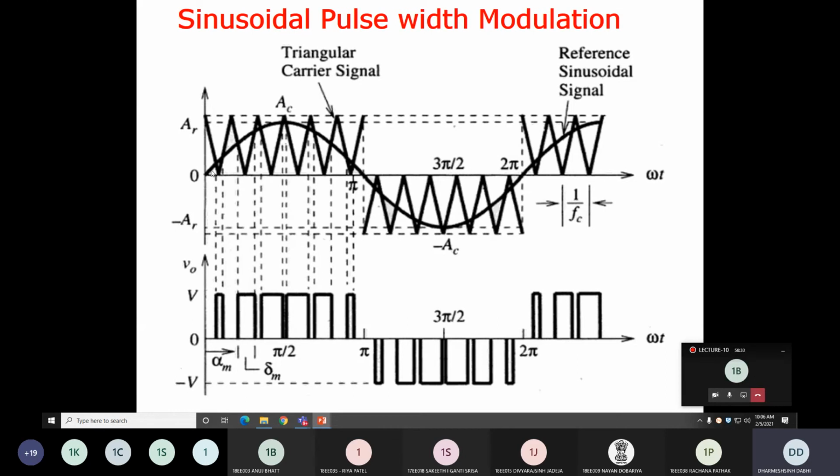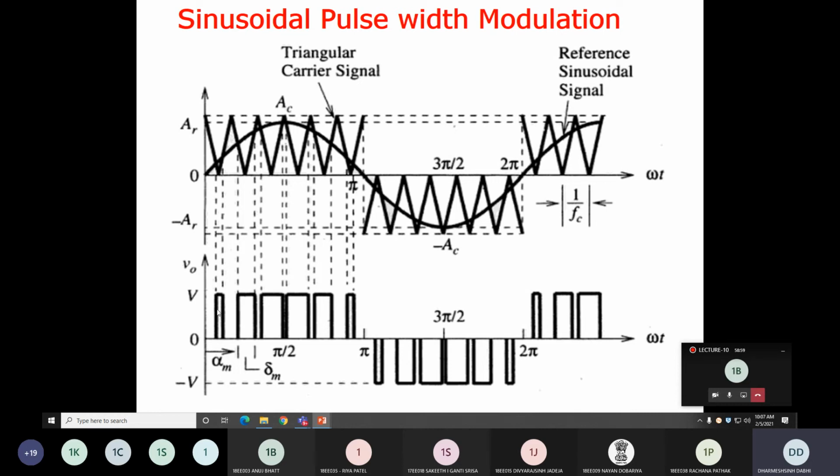Now apply the same logic: when your reference signal magnitude is more than the triangular wave, at that time generate the gate pulse. At the starting, when this sine wave is compared with the triangular wave, the width of the output voltage is less, because for a small duration of time your reference becomes more than the triangle.